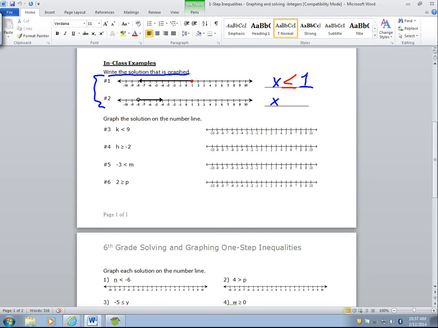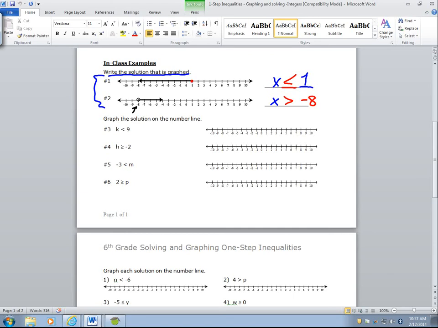So let's look at the second one. What's the number that it started at? Negative 8. You see it? That's where the circle is. And is it greater than or less than? Which way is it pointed? It's pointed that way, so it's greater than. Is it equal to? Why?